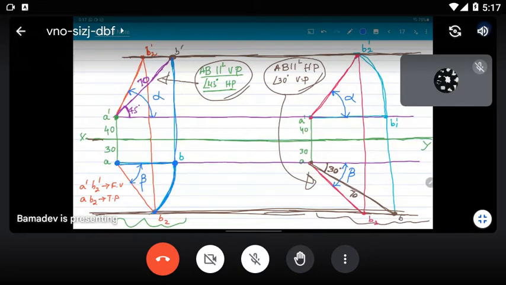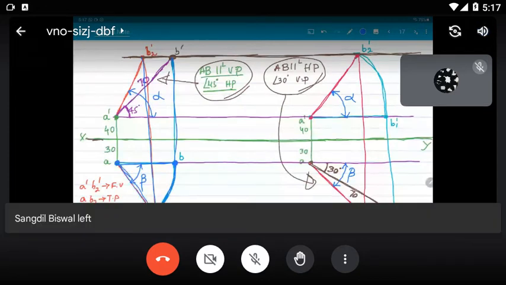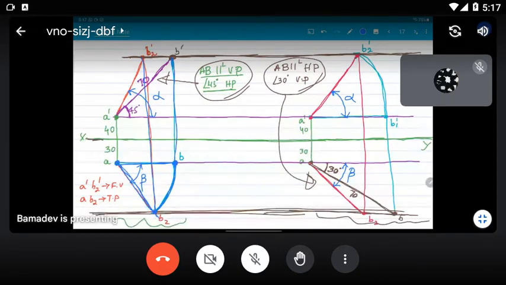Then from here I have drawn projection. Right? By joining this, I am getting the actual top view, and joining this, I am getting the actual front view. And same thing I am repeating here.